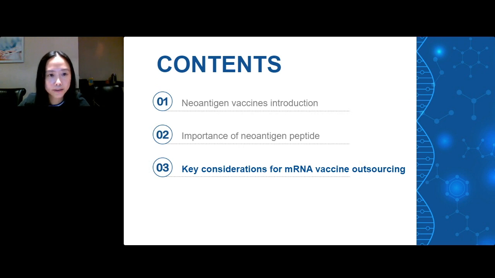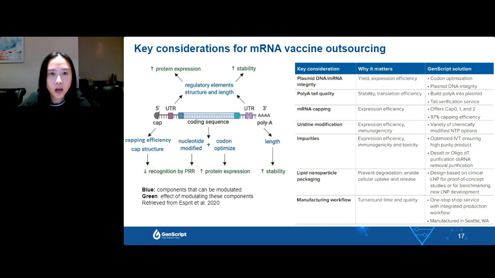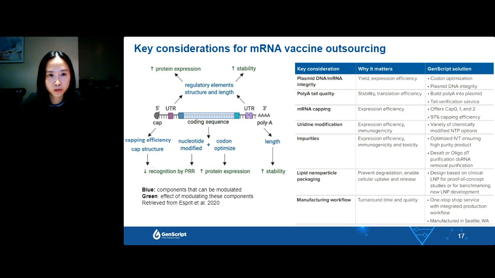Okay, I have explained the importance of neoantigen peptides. Next part, let's talk about the key considerations for mRNA vaccine outsourcing. Before mRNA vaccines became very famous, researchers had been developing them for many years for cancer treatment.